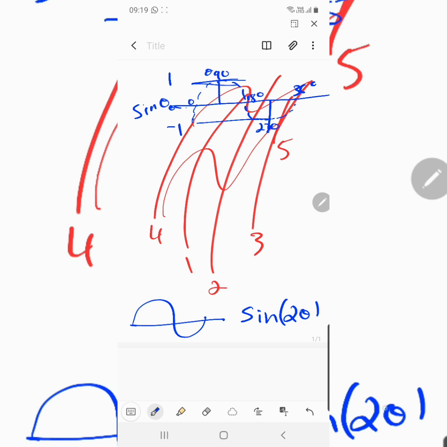Let's try to figure this out. So sine 0 will be here, and sine of 0, 90, 180 becomes 360. Give me a second, we'll figure this out.